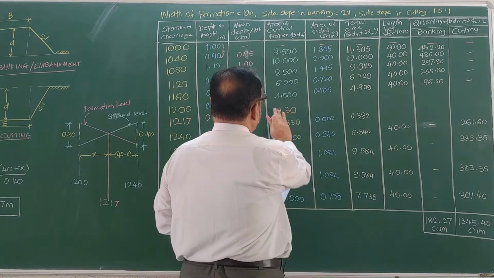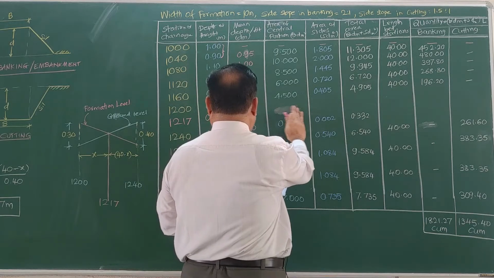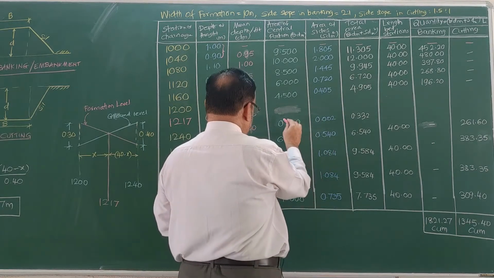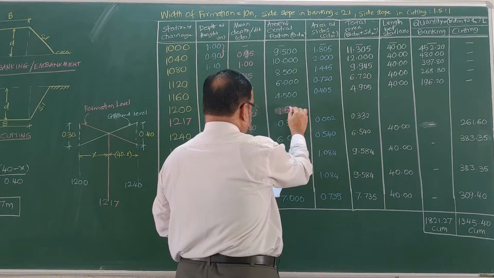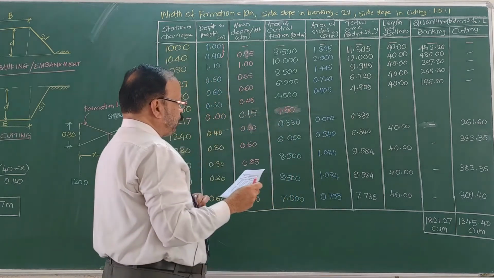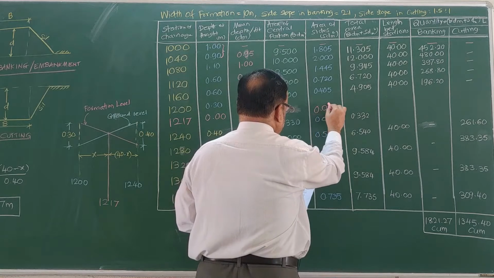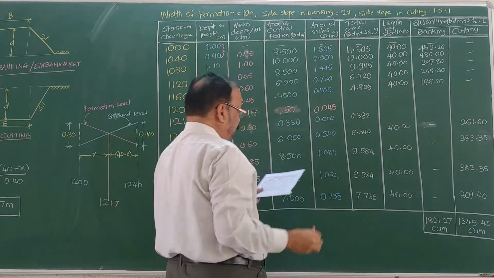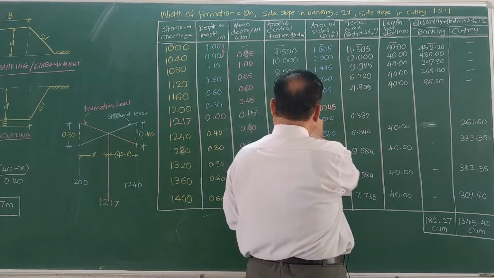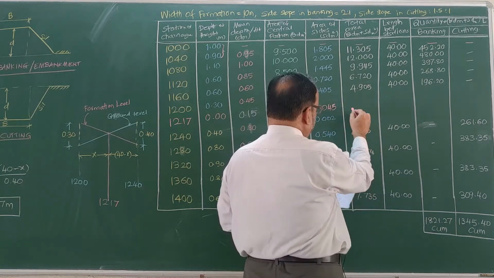Area of the central portion is 10 into 0.15, that is 1.5, then the side area is 0.045. Then the total area will be this plus this, that is 1.545.